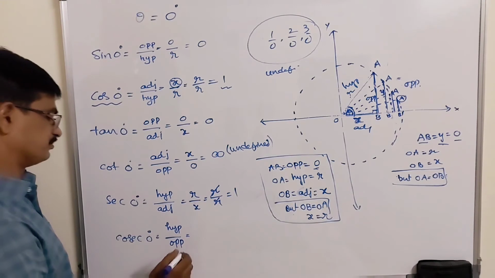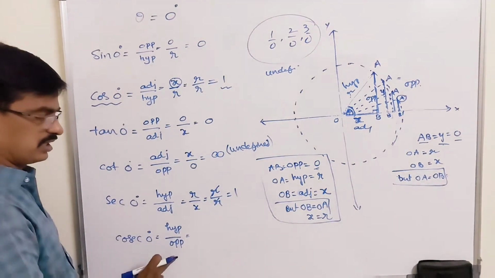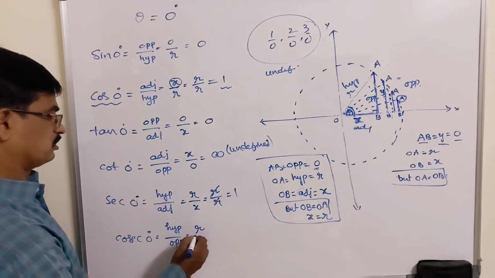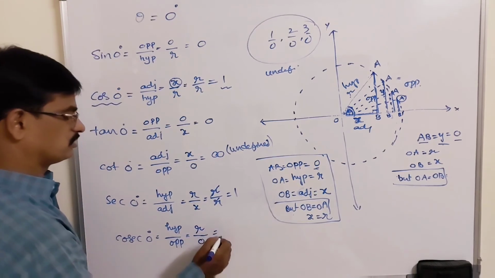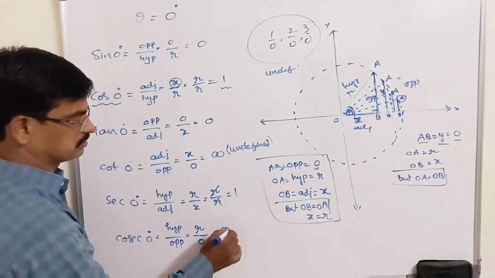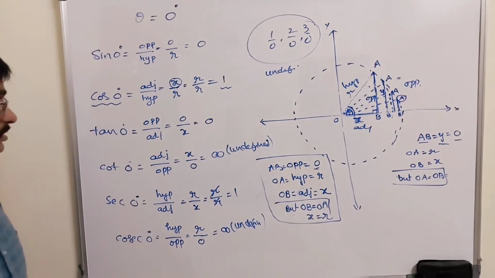Then cosecant 0, hypotenuse by opposite side. So hypotenuse is R, opposite side is 0. That is division by 0, undefined.